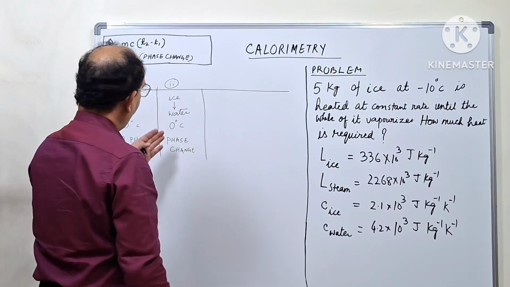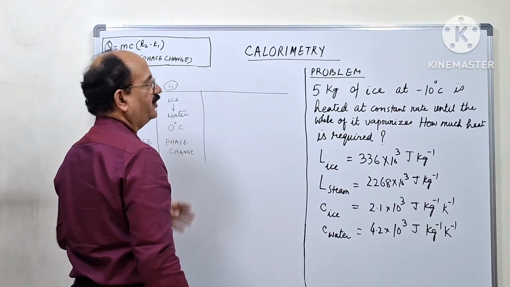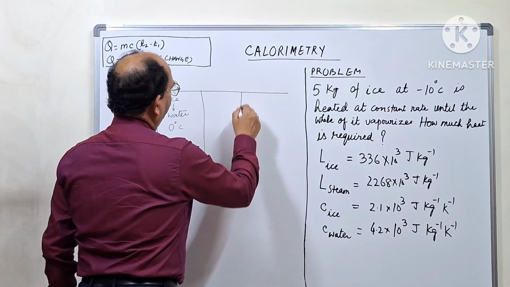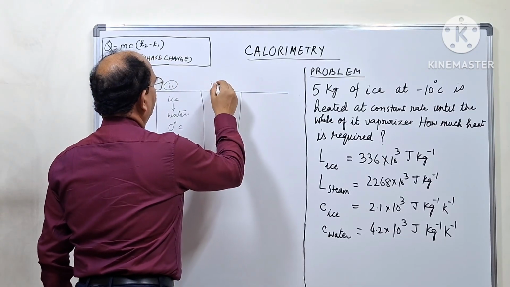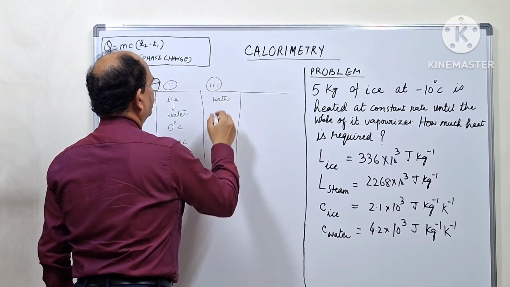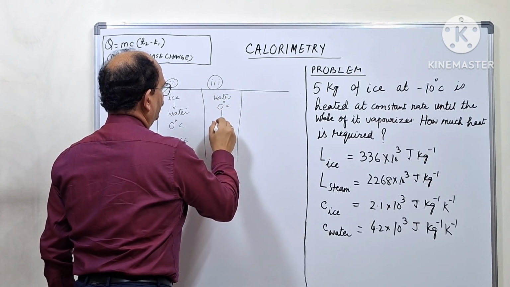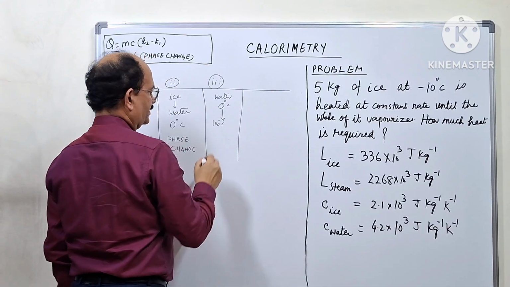Okay. Now every bit of ice has been converted into water, and then the third stage comes: the temperature of water starts increasing, and it increases from 0 degrees Celsius to 100 degrees Celsius.